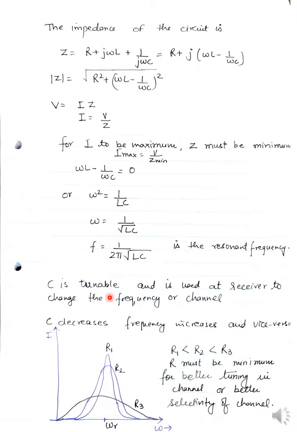Suppose I want to hear what user 1 is sending at the receiver, then I will tune it to that particular frequency, and the capacitor is used to tune it to that frequency. So by varying the value of C here, you can change f here. In this way, the different channels are available at the transmitter and receiver.